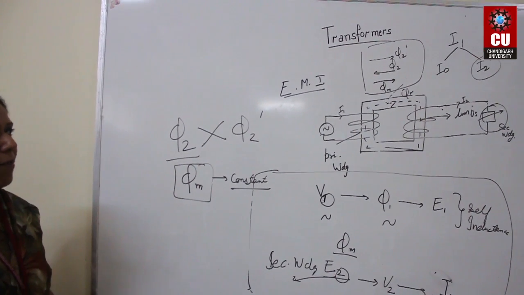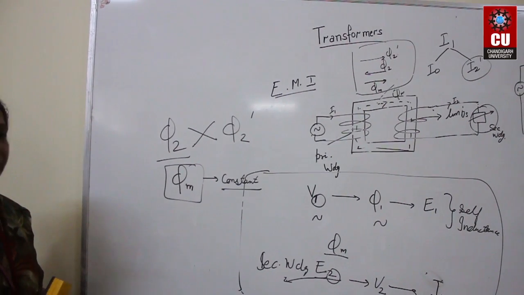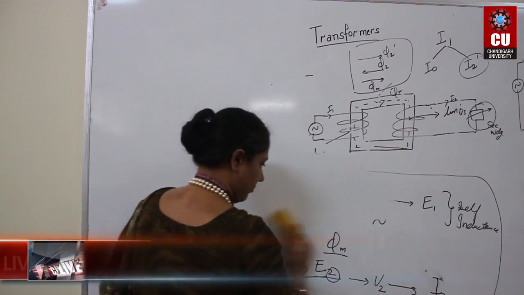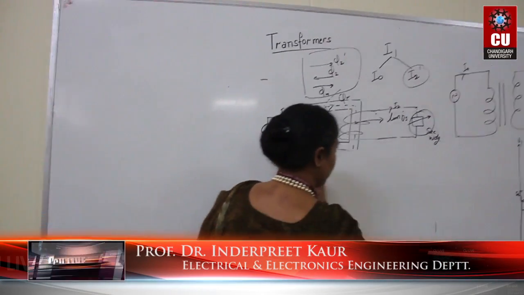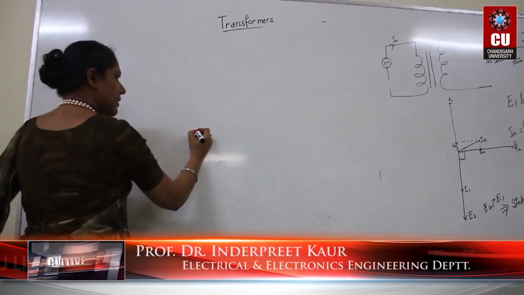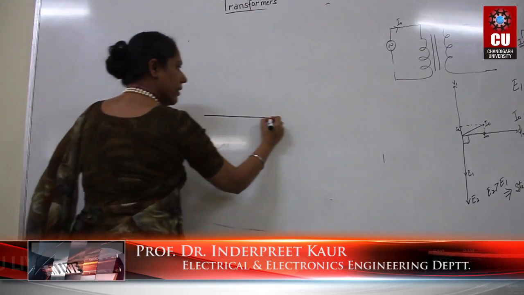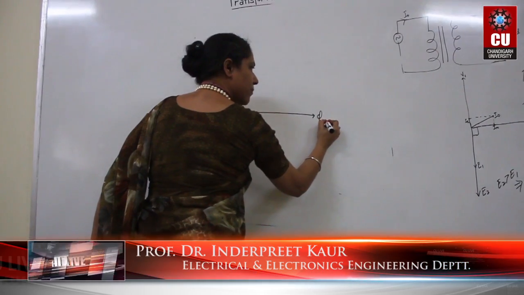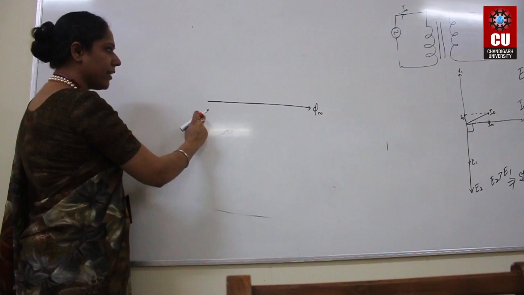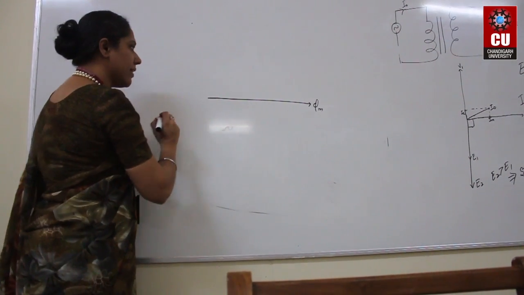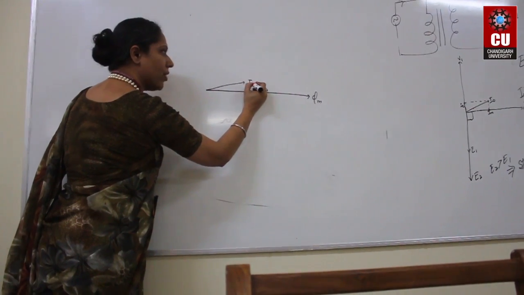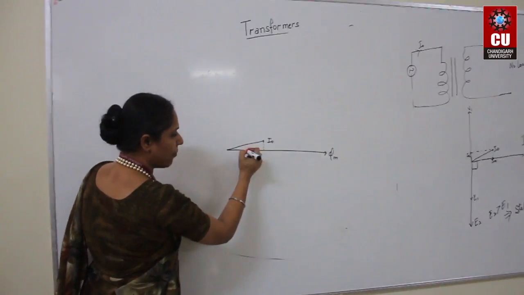Now we will discuss the phasor diagram of the transformer on load. Starting with the initial point, phi m has been induced due to mutual induction when the supply voltage has been connected to the primary winding. Some no load current I naught is there, which we have already discussed in the previous phasor diagram.